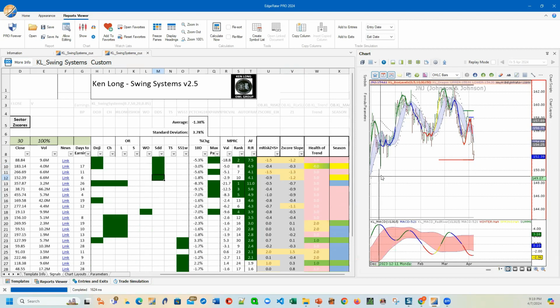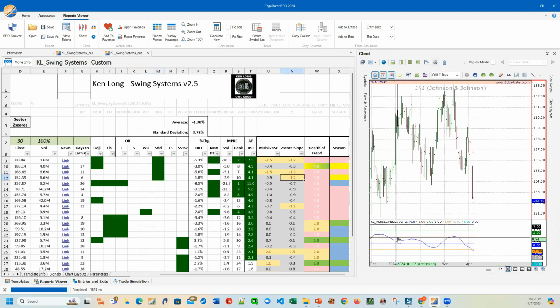Johnson & Johnson, I think, looks pretty interesting. It looks like it's rolling up here, and the Z-score slope is starting to slow down a little bit. Well, I don't know.